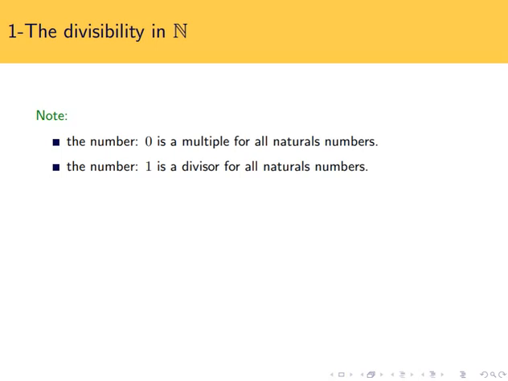Note, the number 0 is a multiple of all natural numbers. Also, the number 1 is a divisor of all natural numbers.